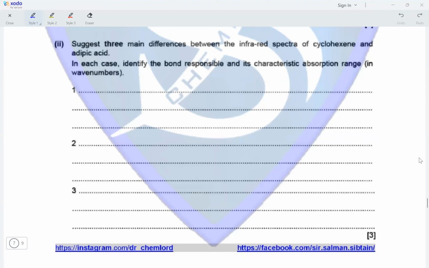Suggest three main differences between the infrared spectra of cyclohexene and adipic acid. In each case, identify the bond responsible and the characteristic absorption range in wave numbers.